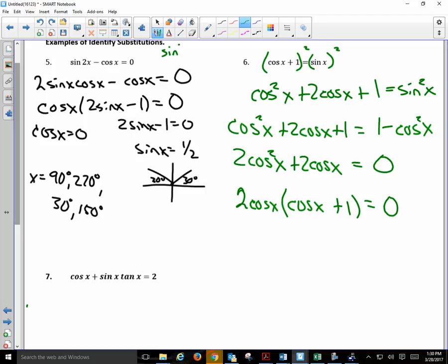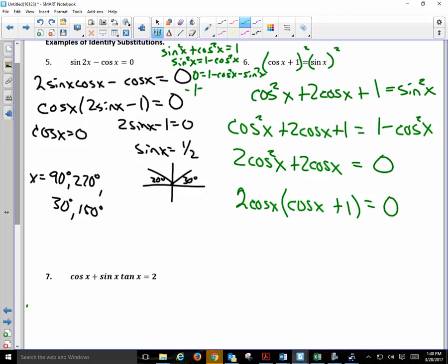Sine squared of x plus cosine squared of x is equal to 1, right? If you try to rearrange this to get a negative, it's not going to happen. If you subtract the cosine squared over, sine squared of x is equal to 1 minus cosine squared of x. Subtract the sine squared over, 0 equals 1 minus cosine squared minus sine squared.